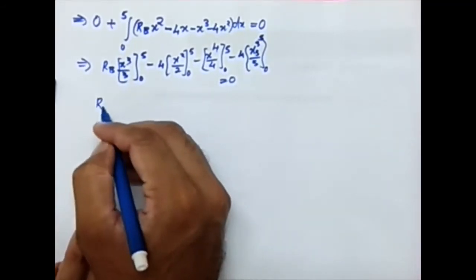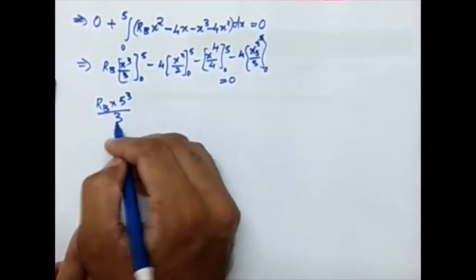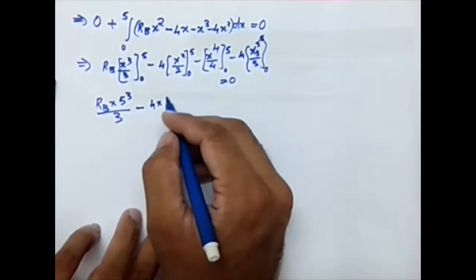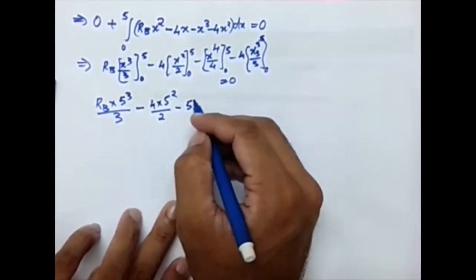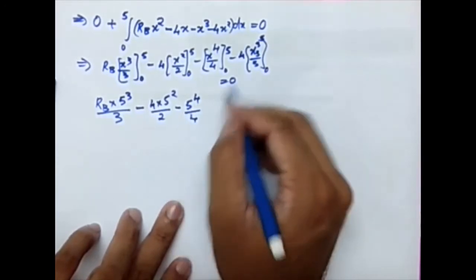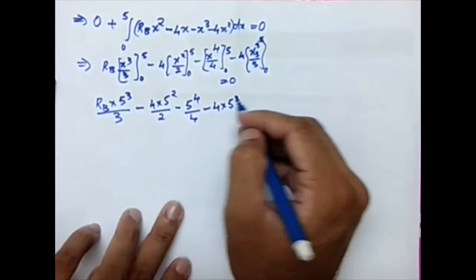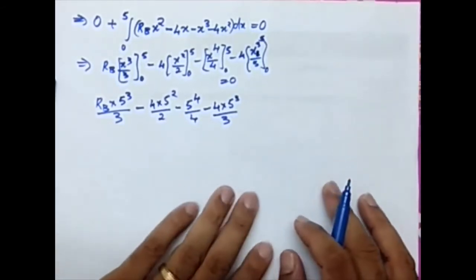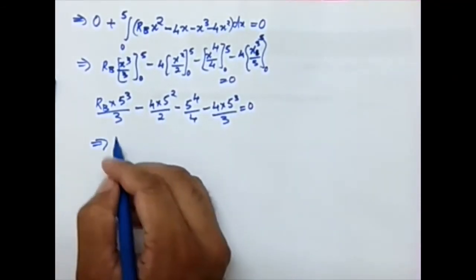So this equation becomes RB into 5 cubed by 3 minus 4 times 5 square by 2 minus 5 raised to 4 by 4 minus 4 times 5 cube by 3, equal to 0.